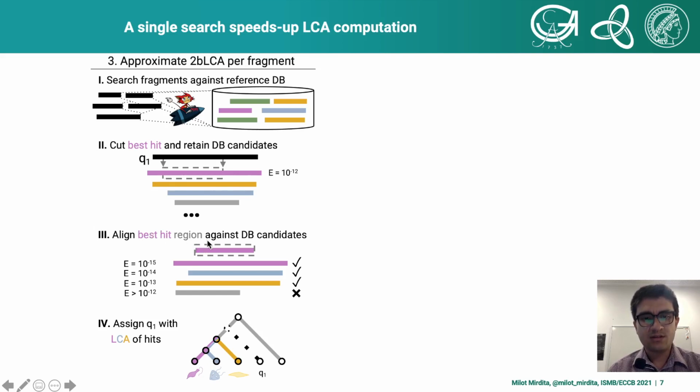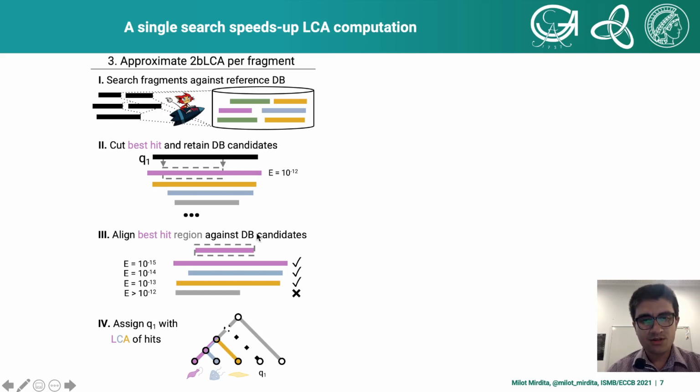With this best-hit aligned region, we can then repeat the search and find the candidates that have at most the e-value that we noted down in the first search. This procedure is called 2bLCA, and it provides very robust LCAs.